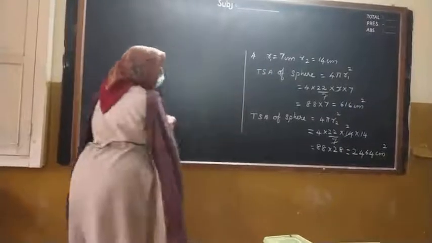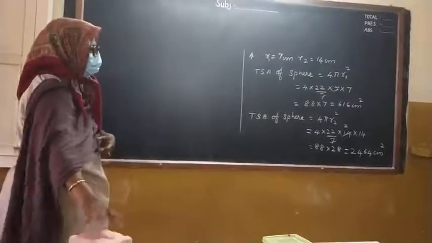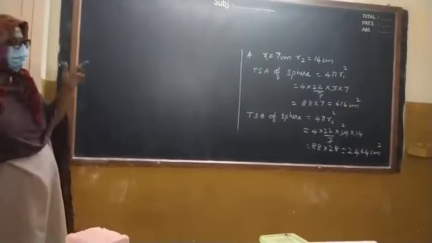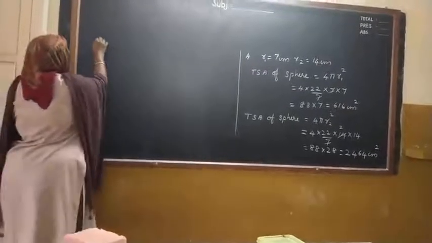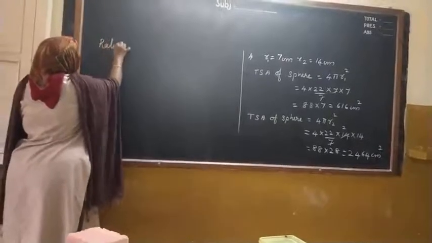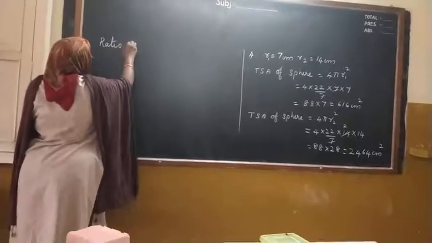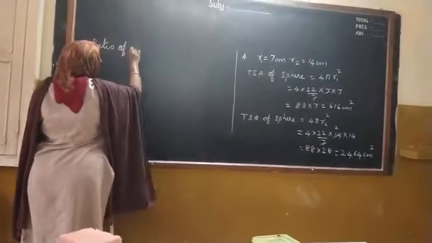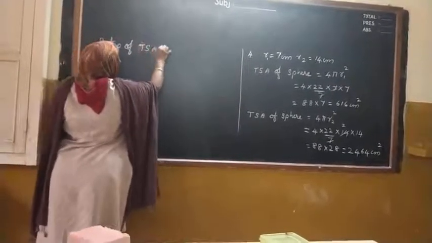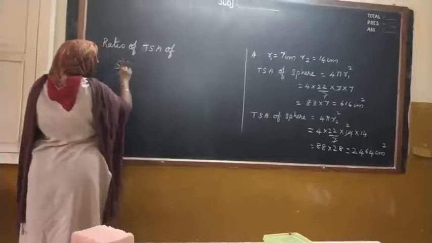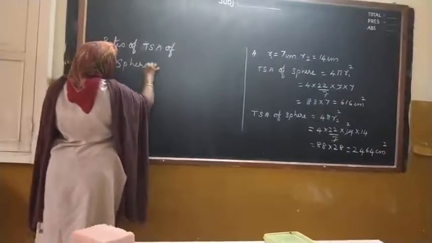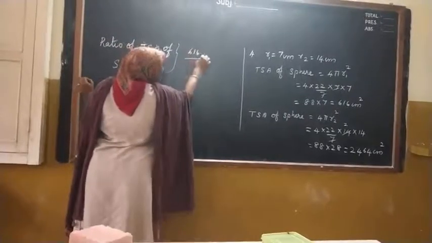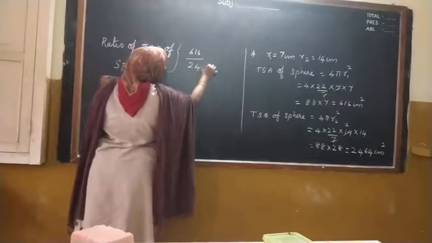Now you are asked to find the ratio of these two spheres. So 616 by 2464.